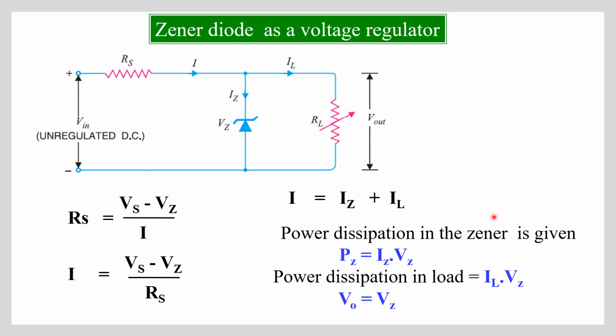The power dissipation in the Zener is given by Pz is equal to Iz into Vz. The power dissipation in the load is equal to IL into Vz. The same voltage appears over here because VO is equal to Vz. The output voltage is equal to the voltage across the Zener diode. Clear?